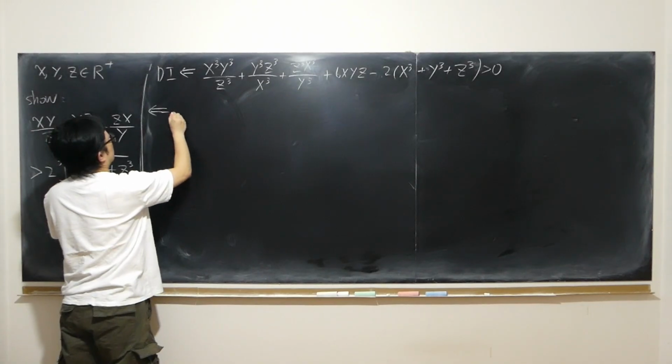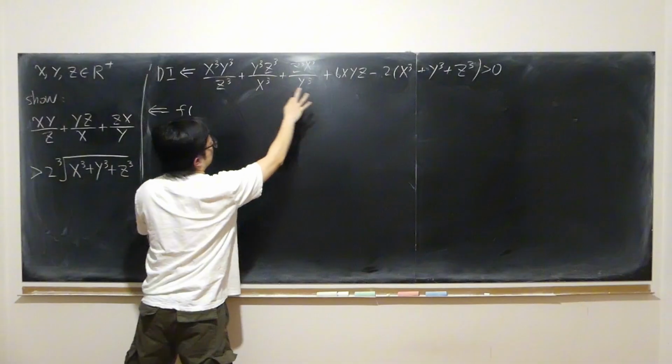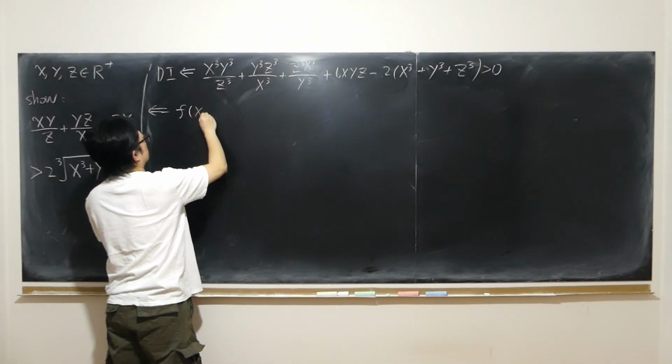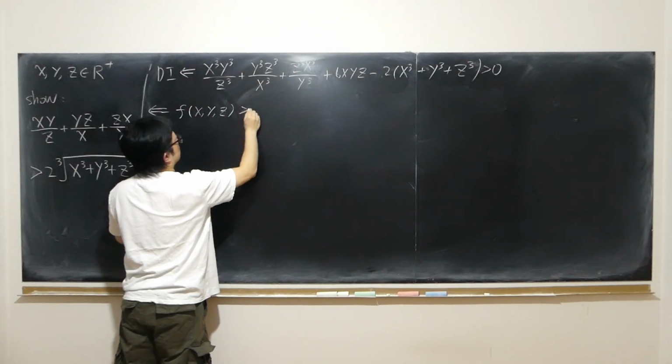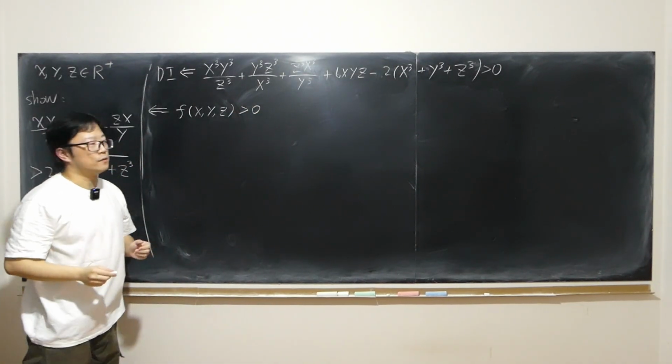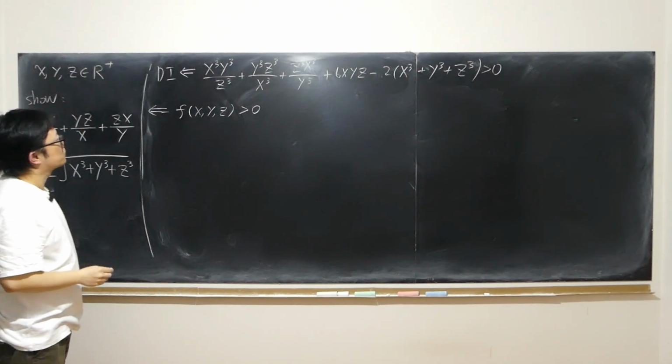Here I just call this f of x, y, z. Is it always greater than 0, given that all 3 variables are positive?